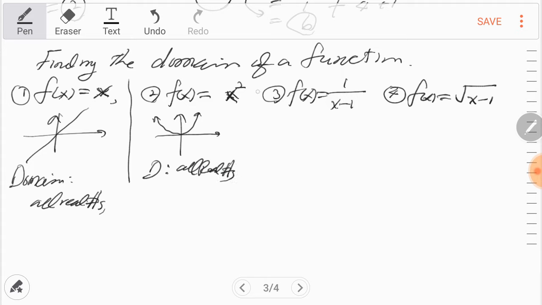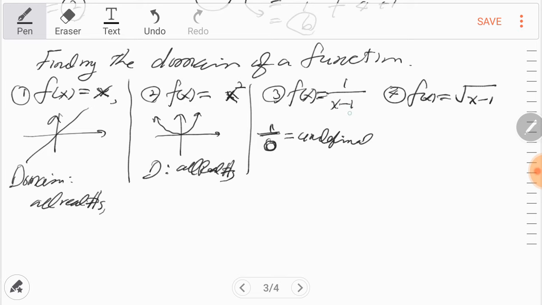How about number 3? This is a fraction. If the denominator of a fraction is 0, then this is undefined, which means there is no value. We cannot find the value of this fraction. So there's a restriction on the input.